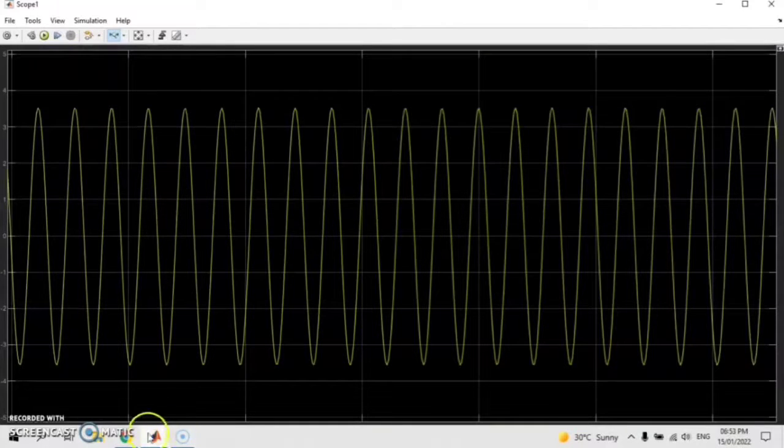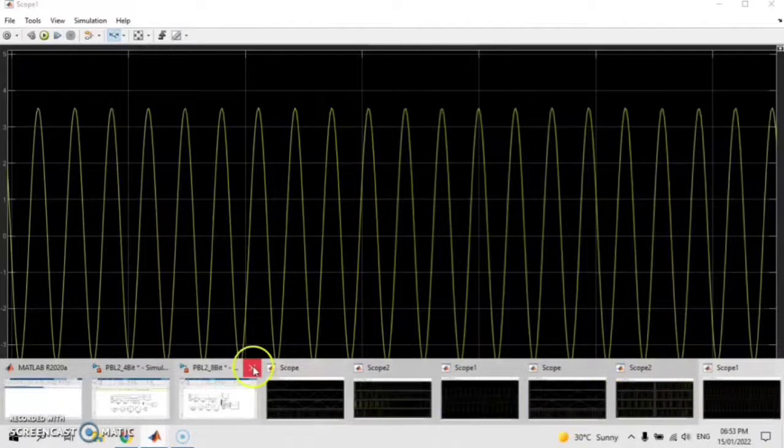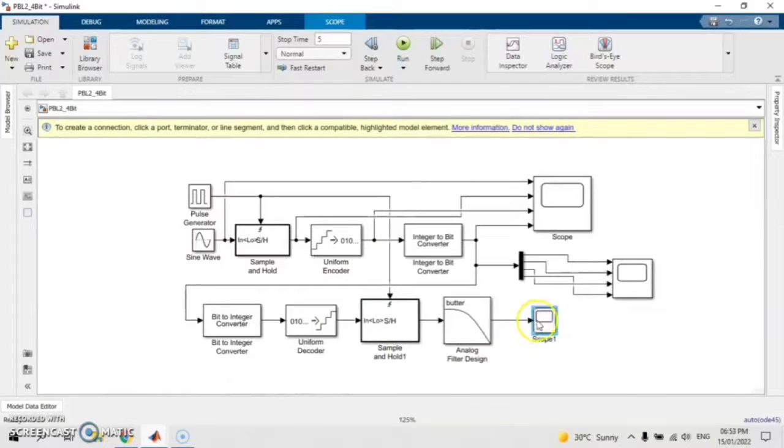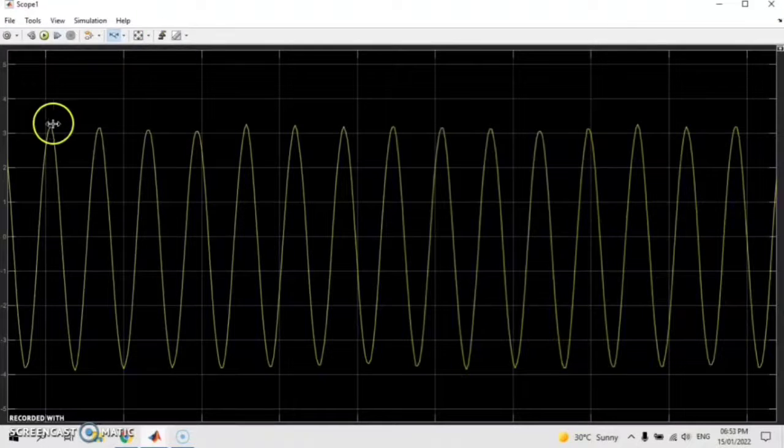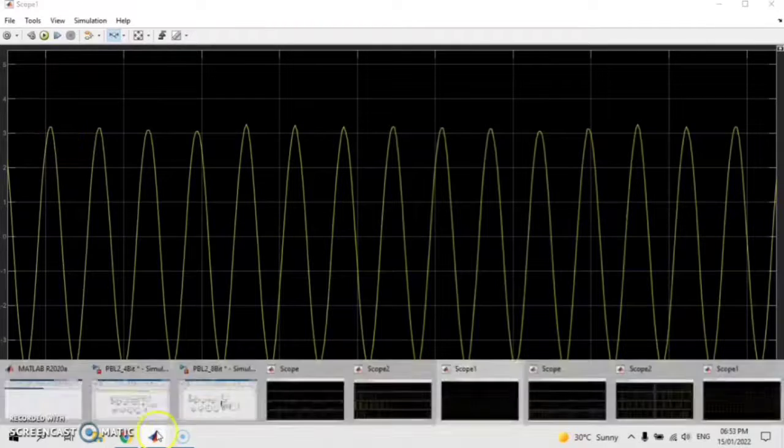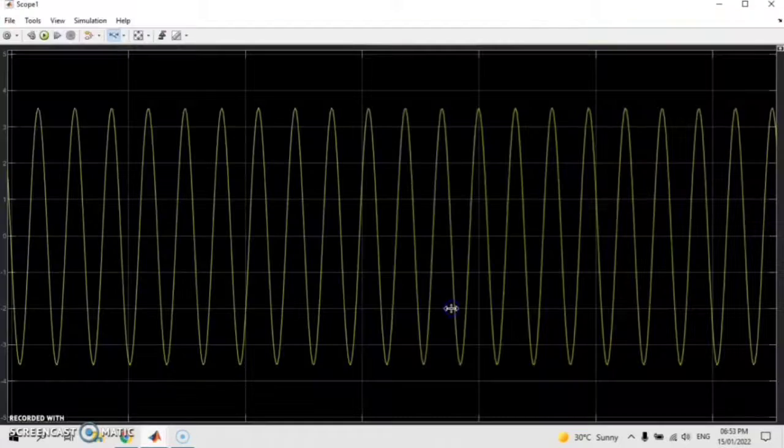Okay, see again, this one is for the 8-bit one, and this one is for the 4-bit one. Here it's about 3.2, and for the 8-bit one, we get about 3.5, which is a lot bigger after the signals have been encoded and decoded back.